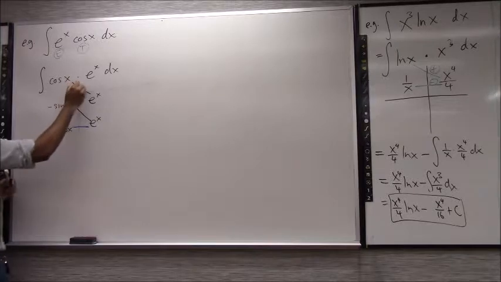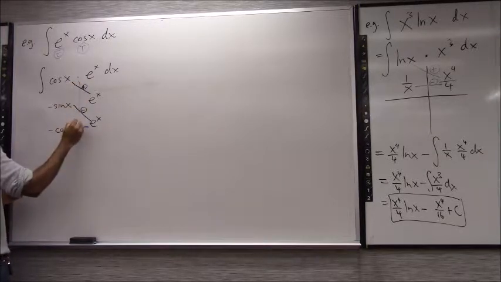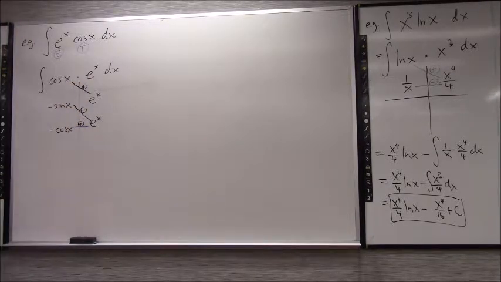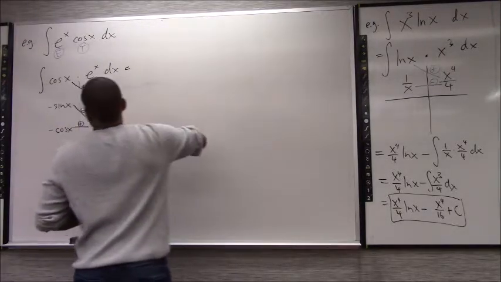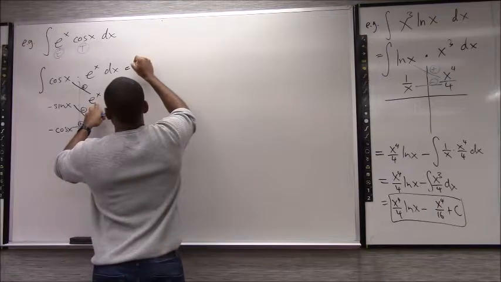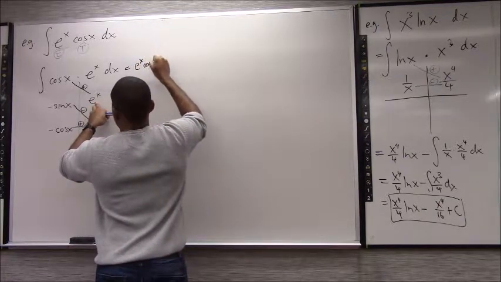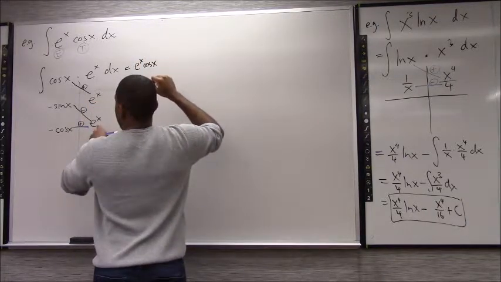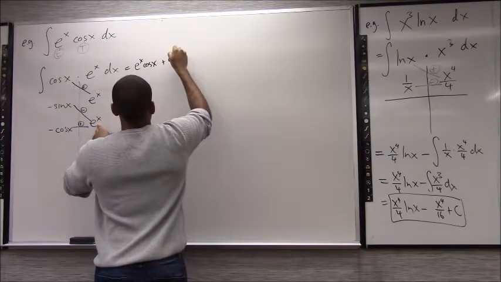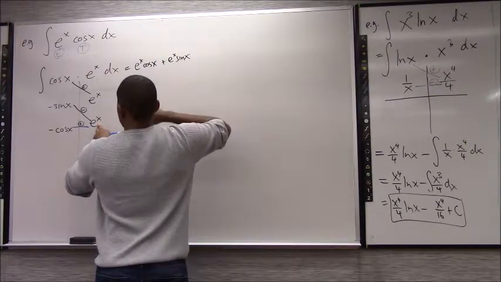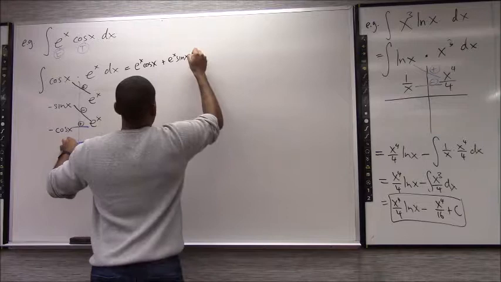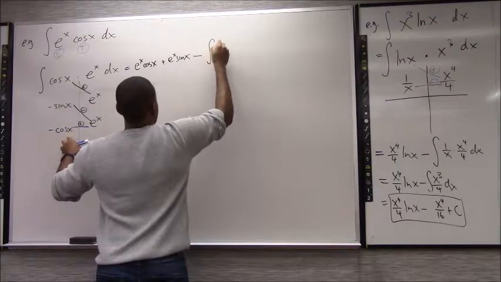This is going to be a plus sign, a minus sign, and a plus sign. So I'm going to throw those in. That will be e to the x cosine x, plus e to the x sine x, and then minus the integral of e to the x cosine x.